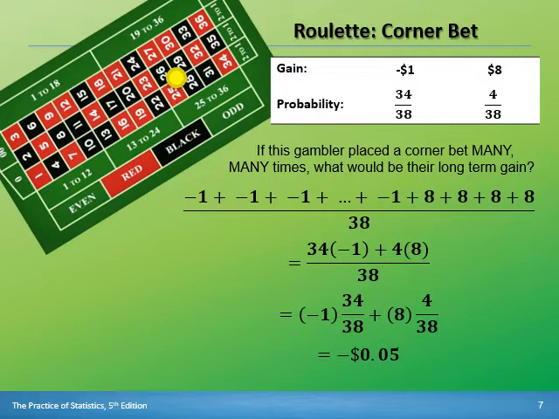So you might ask yourself, who in the heck would play this game? If I'm going to lose 5 cents every time I play, why would I play it? Well, that 5 cents loss every game is a long-term occurrence. That is probability, which is a long-term event. Short term, I might win a couple times and I might actually be winning money.